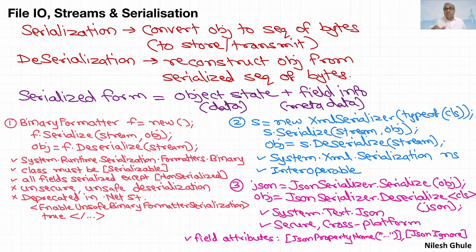That is the reason the name is given as serialization of the bytes. And once you have that sequence of bytes, if you want, you can reconstruct the object with the earlier state. The reverse process is deserialization, where the object is reconstructed from the serialized sequence of bytes.